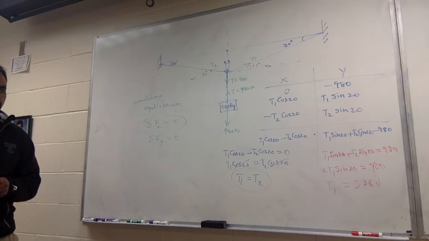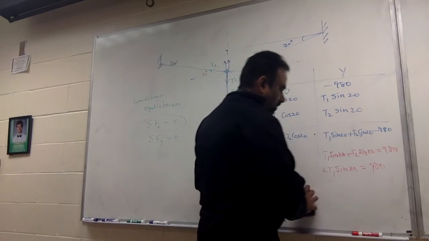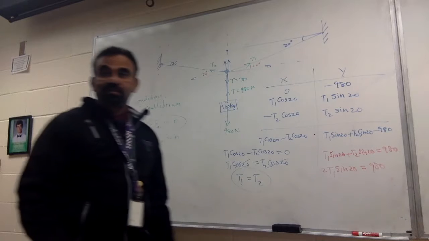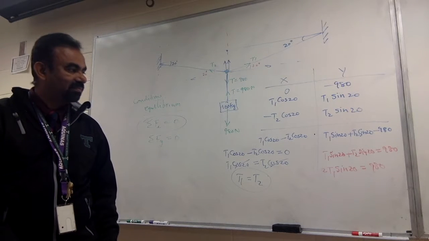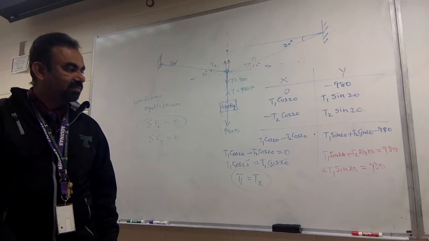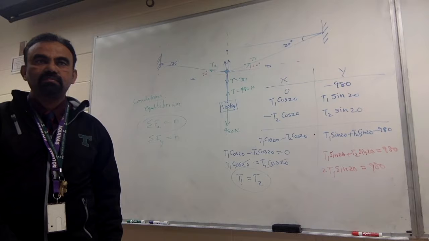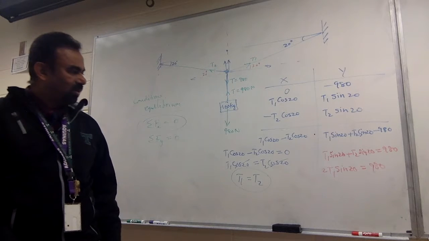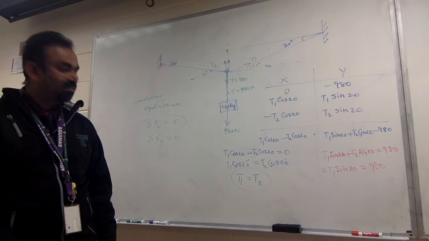It should be much more than that. No, much more than that. We had 1432. Don't you just divide by sine 20?